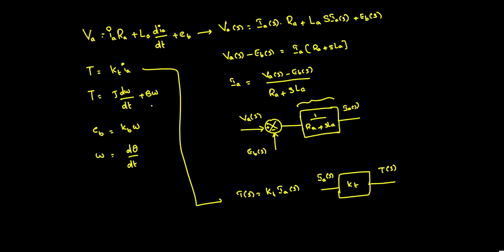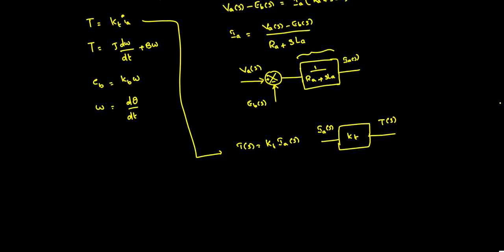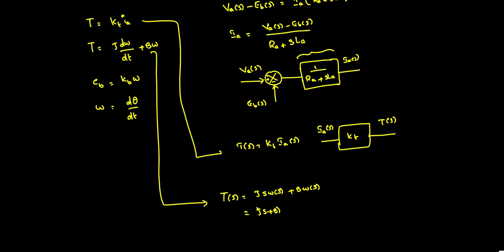Similarly, for the other torque equation, T of s is equal to J s into omega of s plus B omega of s. Taking omega of s as common, T of s is equal to Js plus B into omega of s.